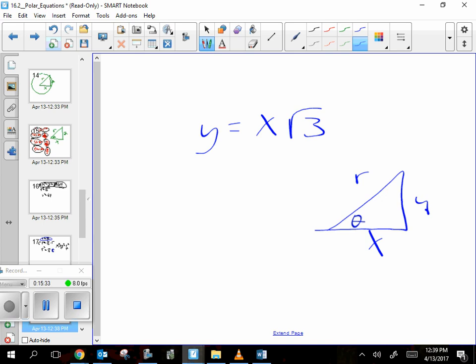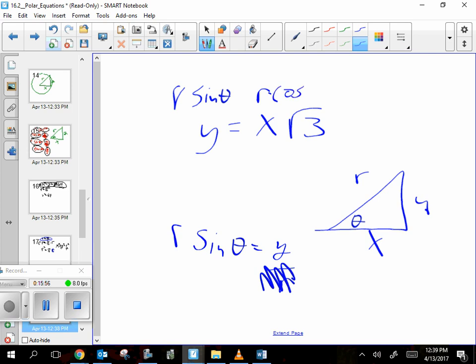It has an r in it. So sine theta equals y over r. So y is equal to r sine theta. Y is r sine theta. And x is r what? Cosine theta.